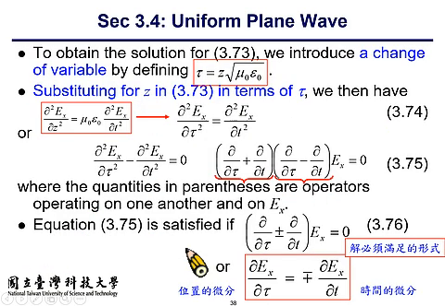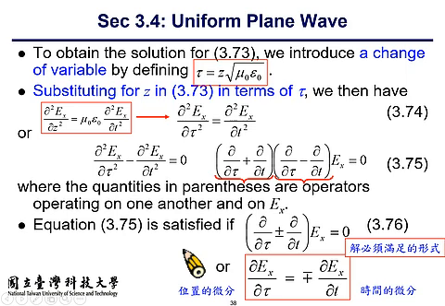All right, so next is to discuss the solution for the wave equation. As we have already seen, the wave equation associated with our projected scenario is this: the second-order spatial derivative of Ex equals mu sub 0 times epsilon sub 0 times the second-order derivative of Ex with respect to t.